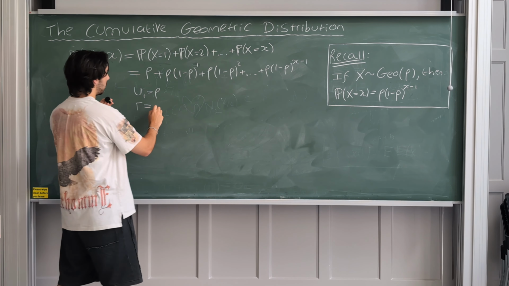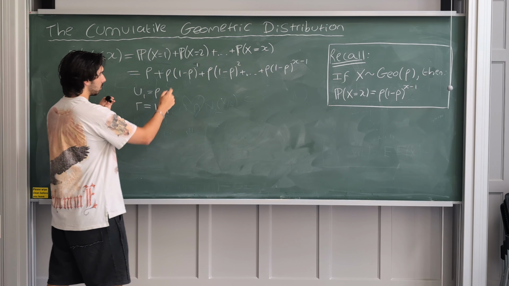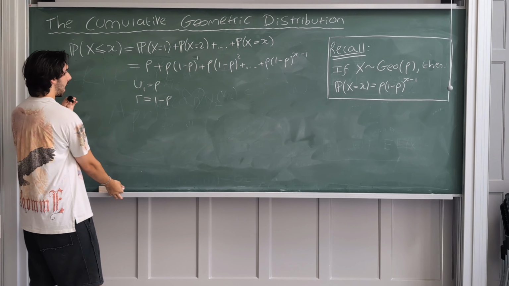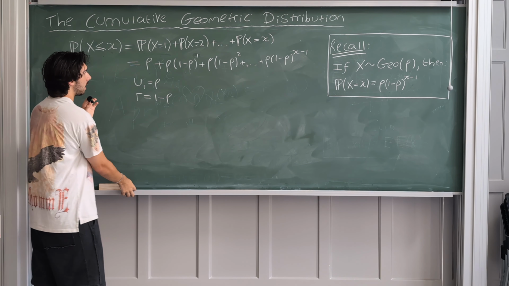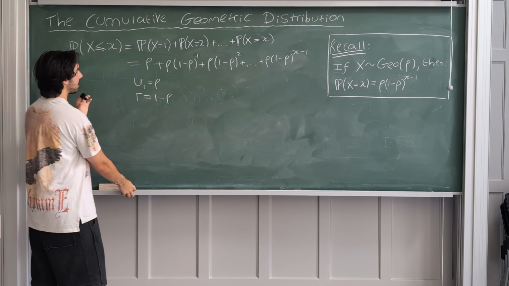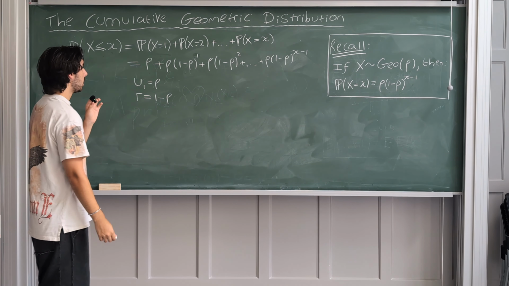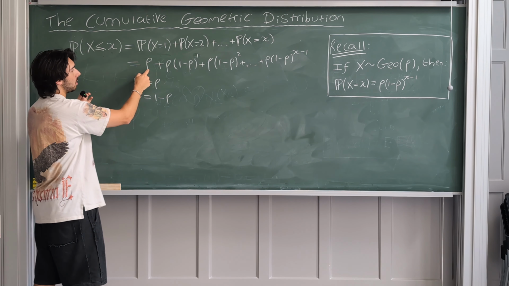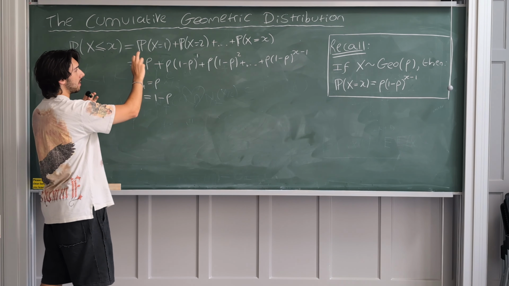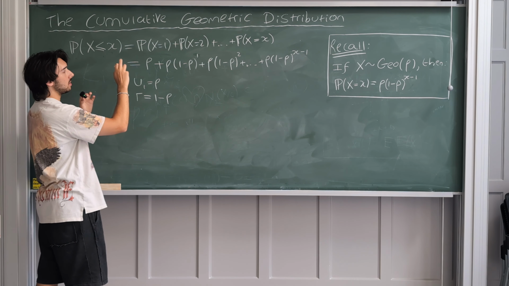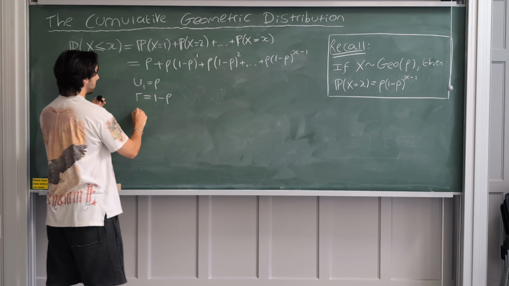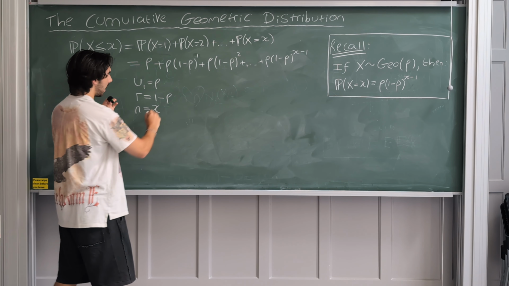In this case, it's 1 minus p, because we're timesing by 1 minus p to get to each of the next terms. And that's everything that we need. And how many terms are there? Well, there's x terms in total, because this is to the power of x minus 1, but the first term is like the 0th term, 1 minus p to the 0. So in total, there are x terms, so the number of terms, n, is x.